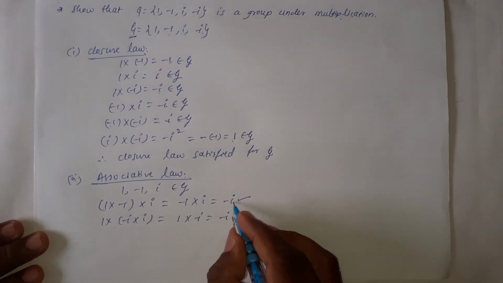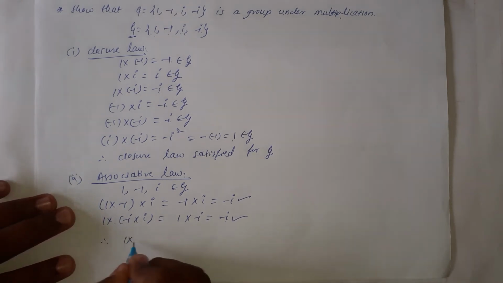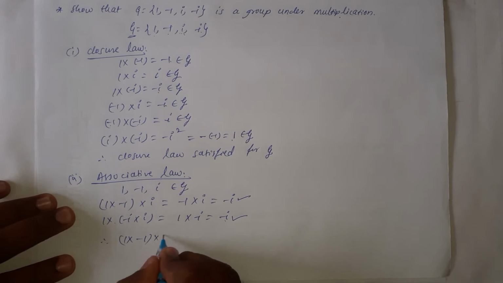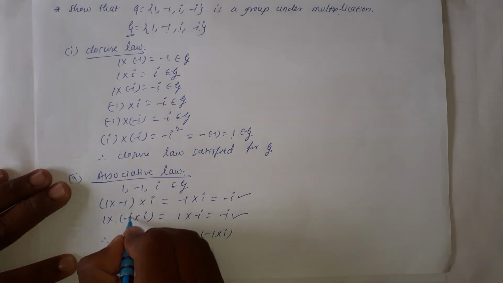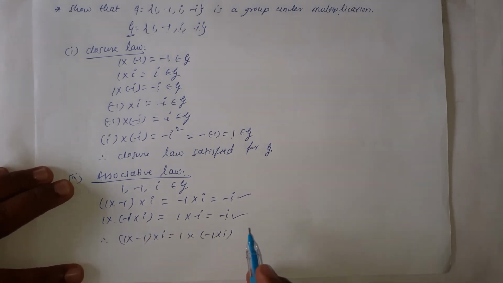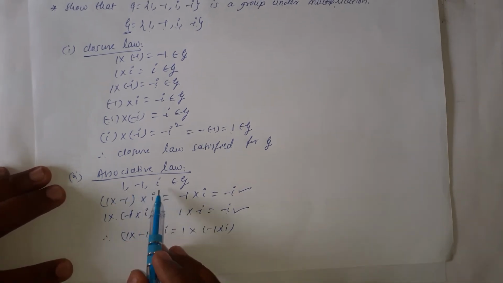Therefore these two are the same, which means the LHS must be equal to the RHS. Therefore, we can say that the associative law is verified for these 3 elements.